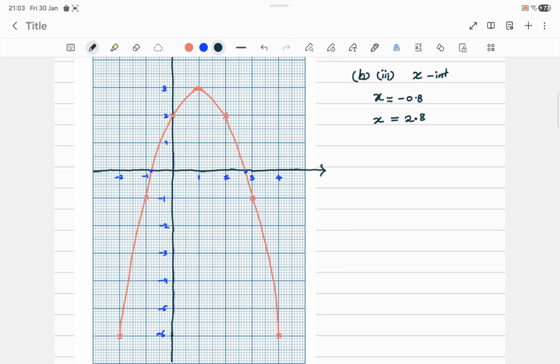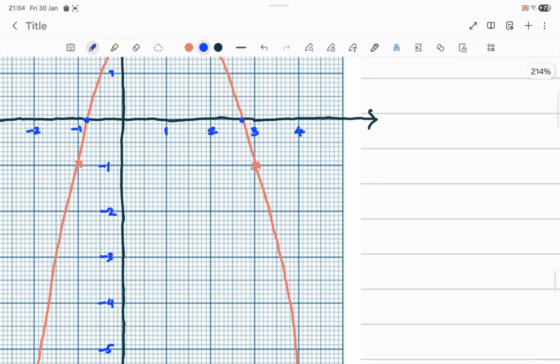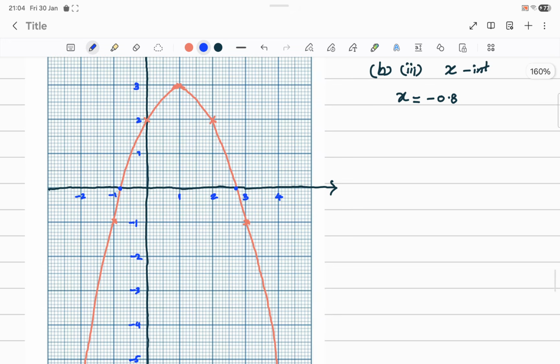0.8. 0.812. No, sorry, this looks like 3 points, 2.7, no? Right, let's see. 2.7, roughly 2.7.